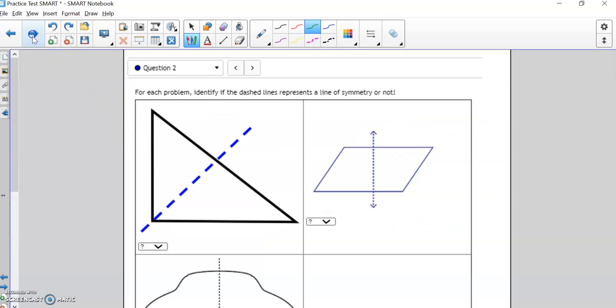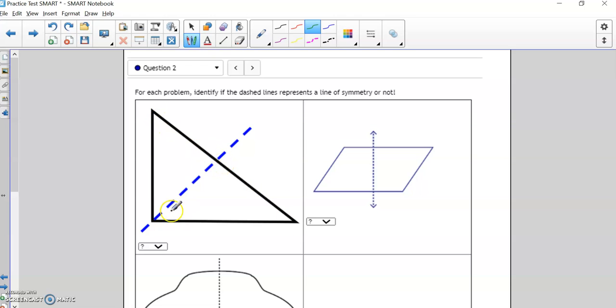So next one. Alright, so this one is just talking about line of symmetry. It's asking you to figure out whether or not these count as lines of symmetry. Alright, so for this first picture, it's asking you if this is a line of symmetry. Now, here's the thing about this picture. I'm not going to lie, it's kind of a bad picture because if you look really closely, you probably might notice that this side's a little longer than that side.